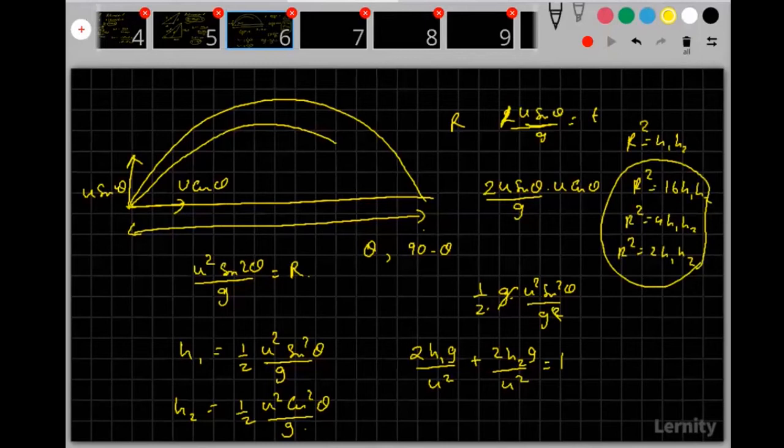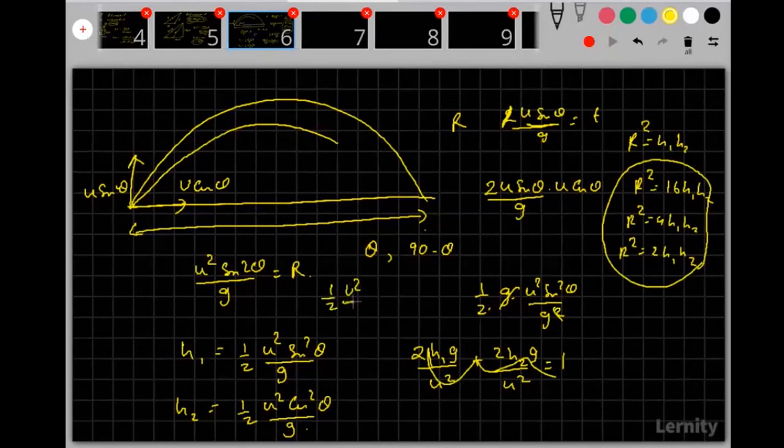If I multiply h1 h2, I'll get half, sorry, 1 by half u squared by g whole squared into sin squared theta into cos squared theta, right? So I need to multiply by 4 divided by 4. So from there I'll get it.